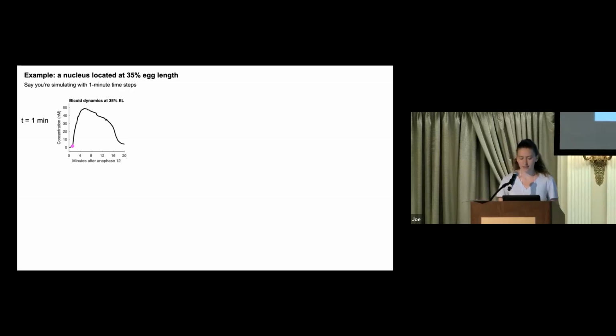So I'll go through a quick example. Say you're simulating a nucleus at 35% egg length, and you're simulating with 1 minute time steps, which are very long time steps, but just for the graphs, I'm saying that you're simulating with 1 minute time steps. So at the beginning of the nuclear cycle, Bicoid concentrations are low. With the Bicoid concentration, you estimate K on.